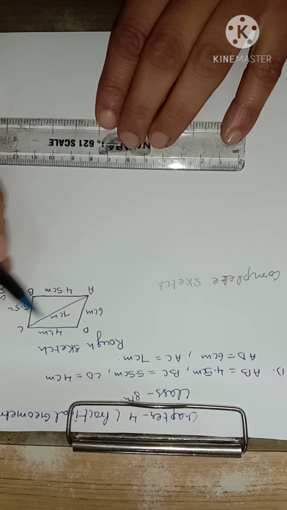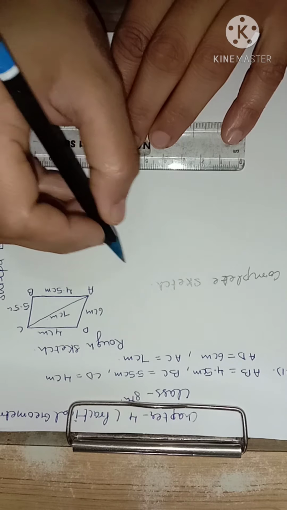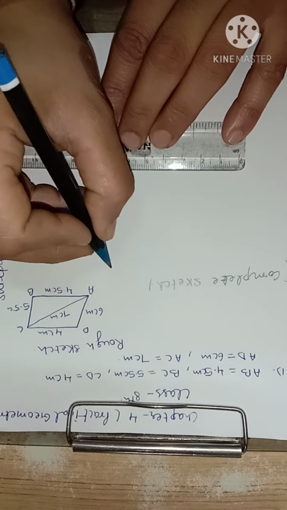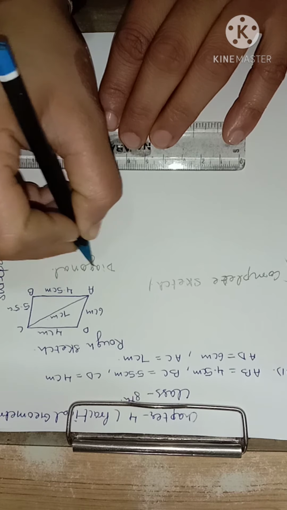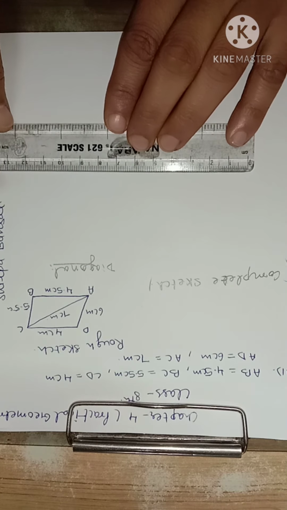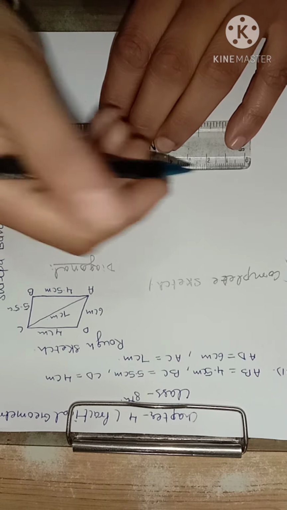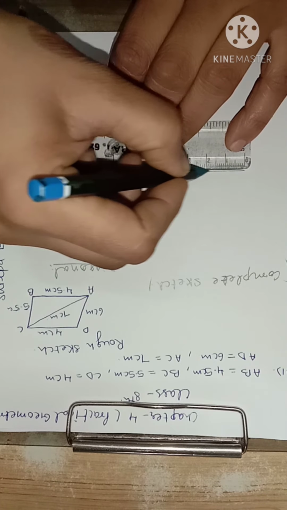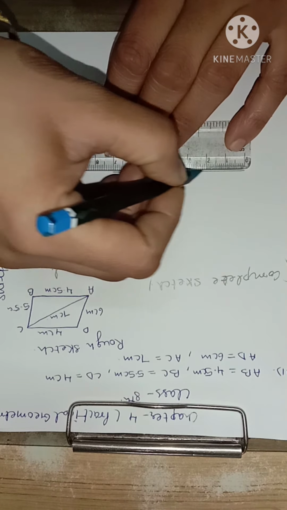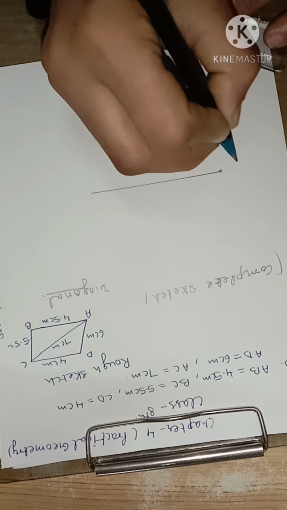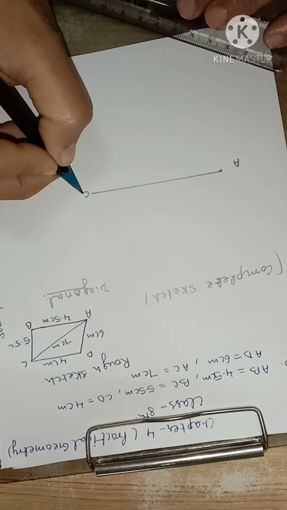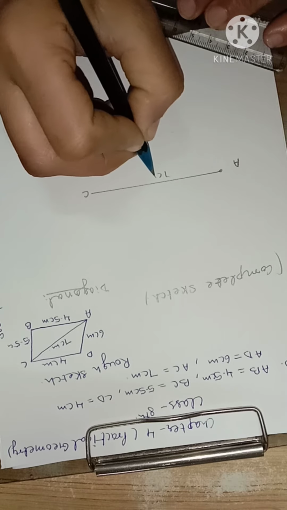That measurement is 7 centimeters. Always start from a diagonal. We will always start this type of question from the diagonal. Diagonal is given 7 centimeters. First of all, draw a line segment of 7 centimeters. Give it the name AC.